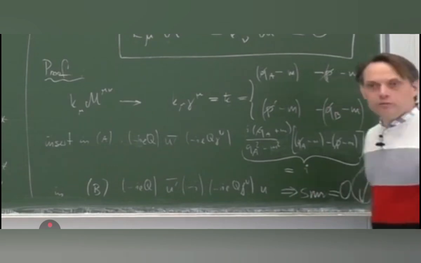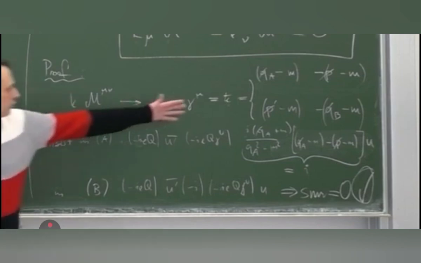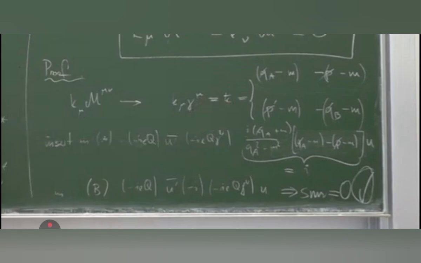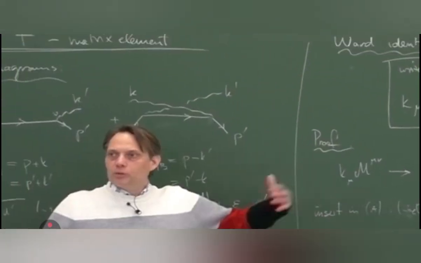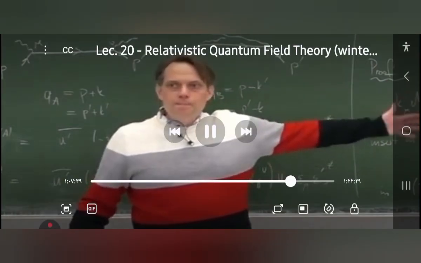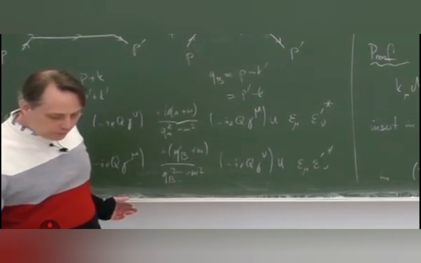Okay, that is the trick that you need to use for proving such Ward identities, namely to replace the momenta that you contract with by the differences of the two adjacent momenta, and then you will always be able to do such simplifications. This works for all Feynman diagrams, also for much more complicated ones.